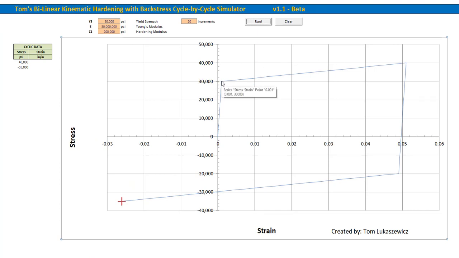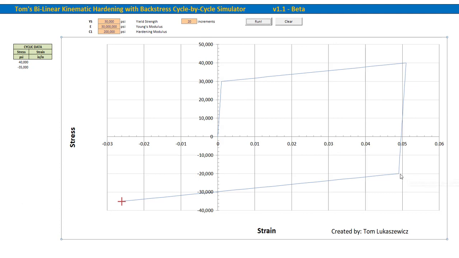So we hit 30 KSI and we did a shift of 10 KSI delta, and you'll notice that we're exactly 10 KSI yielding earlier than our initial yield. This phenomenon is called the Bauschinger effect, and the kinematic model lets you predict that behavior.